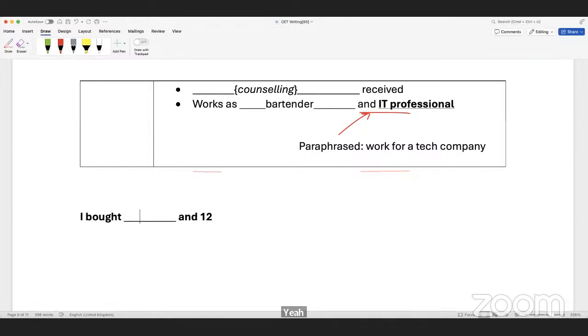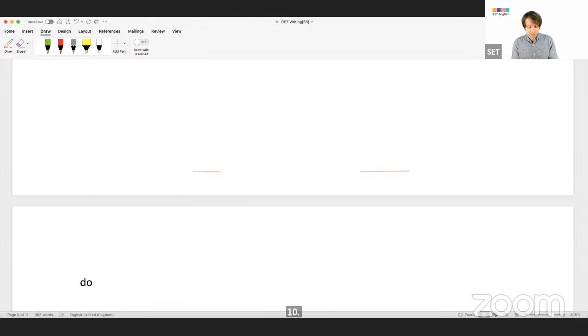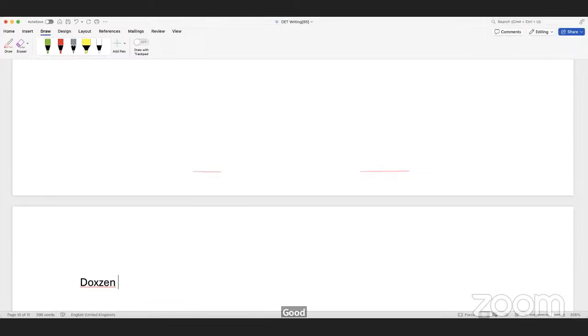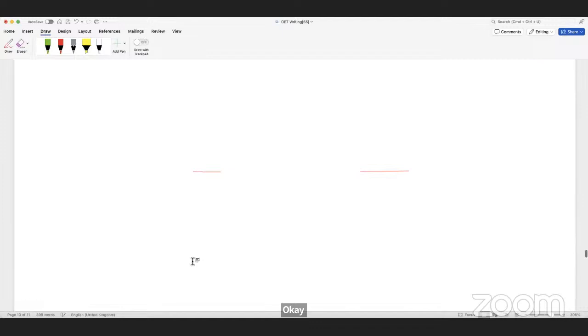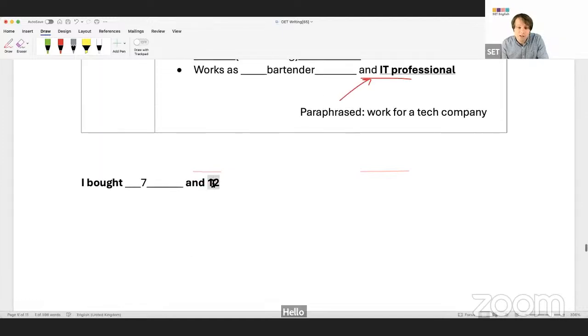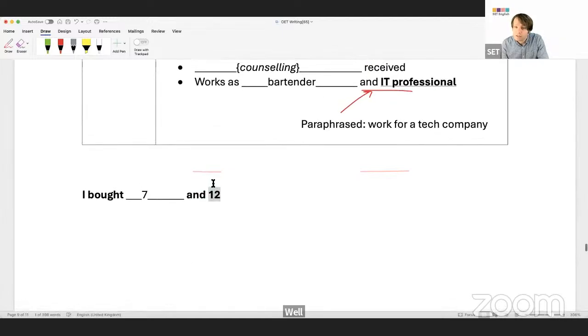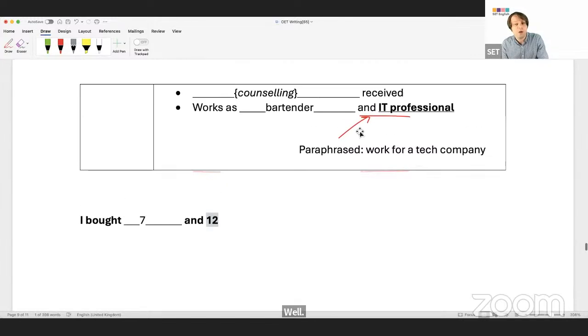Answer is? 7. I didn't say 12, did I? I said a dozen. What does a dozen mean? 12. A dozen is 12, right? So what they will do is they will paraphrase the second option very often. So be careful. Your selector words will be paraphrased.